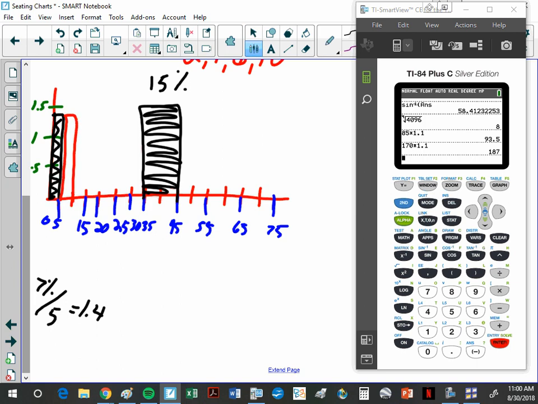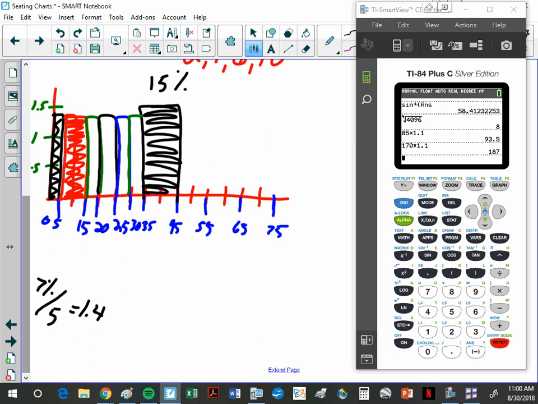What about, oops, this is all one block, sorry. What about the next one? In fact, the next 4 are all 1.4. So that one, and that one, and that one, and that one are all 1.4. Okay? What about 45 to 55?